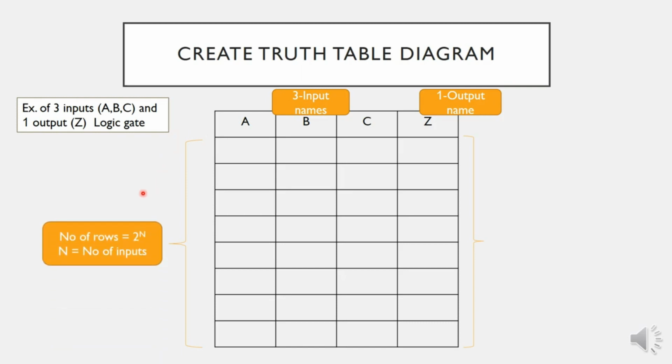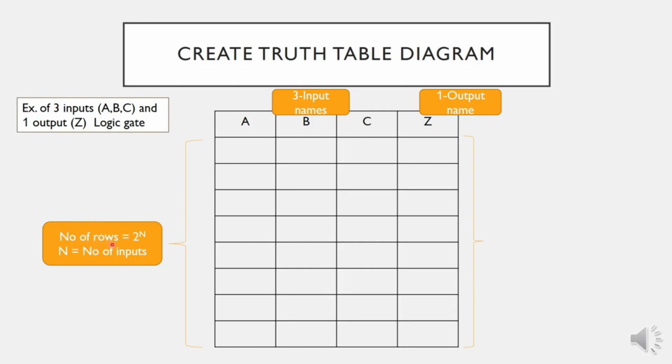The next step is to define the combinations of the input logic. We want to know how many rows, or how many input combinations, there are. Based on an earlier chapter, we have learned how to determine the number of combinations based on the number of inputs.